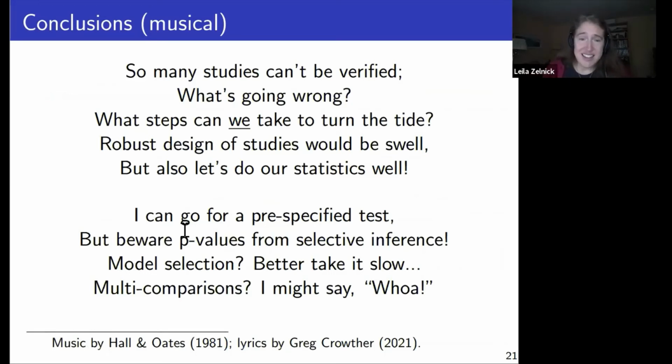So many studies can't be verified. What's going wrong? What steps can we take to turn the tide? Robust design of studies would be swell, but also let's do our statistics well. I can go for a pre-specified test, but beware p-values from selective inference. Model selection, better take it slow. Multi-comparisons, I might say, whoa.